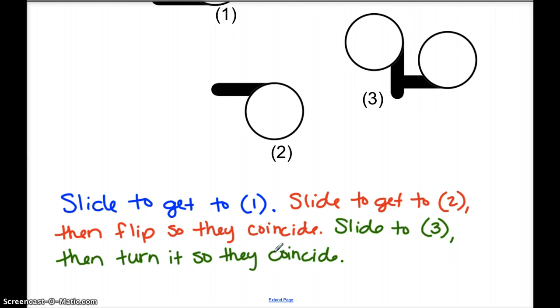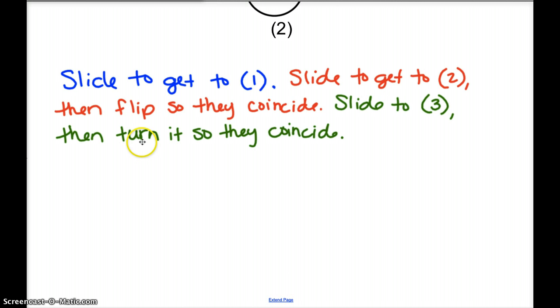Now I'm going to have you add in a couple of vocabulary terms here at the bottom because we're going to give proper terms for slide, flip, and turn, and there are probably words that you already know. So the first one is translate, and that means to slide.